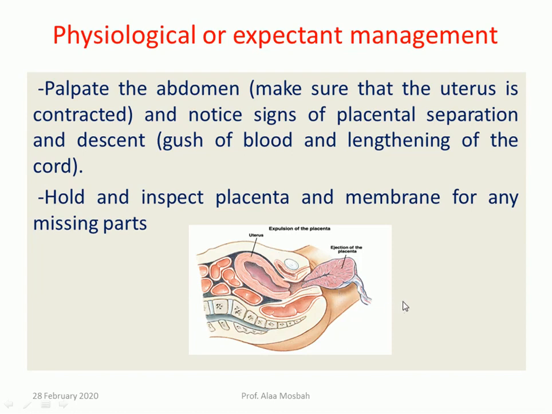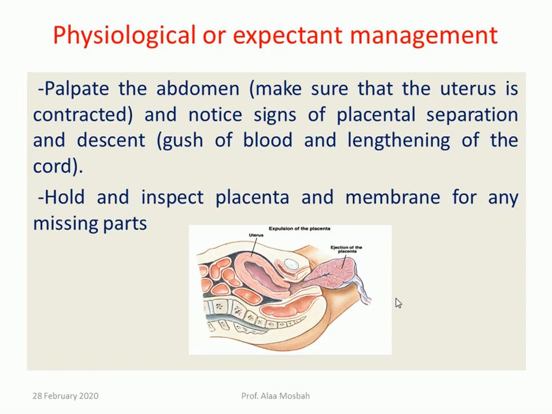The lines of management of the placenta are two: physiological or expectant management, and active management. About physiological or expectant management, we palpate the abdomen and make sure that the uterus is contracted, and notice the signs of placental separation and descent, like a gush of blood and lengthening of the cord, and the uterus becomes more globular with a suprapubic bulge.